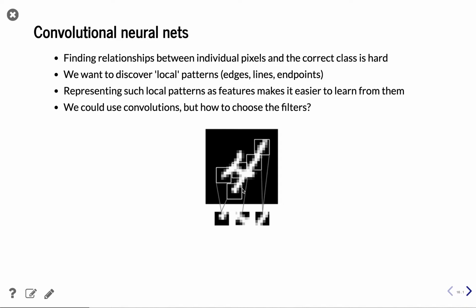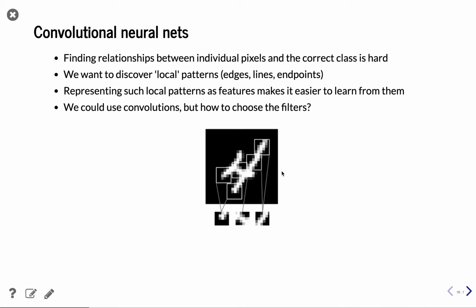Because if we can detect these things before, that will make it easier to then recognize this image as a 4, right? So we represent this image as a bunch of endpoints and lines, and we hope that by doing that we can recognize this image as a 4.